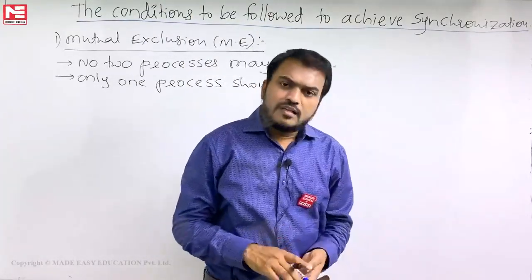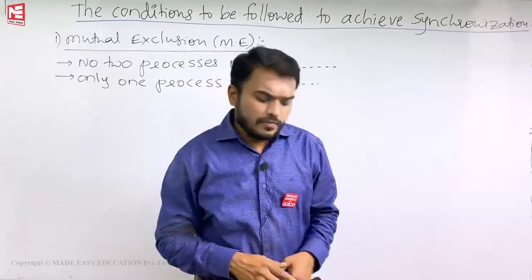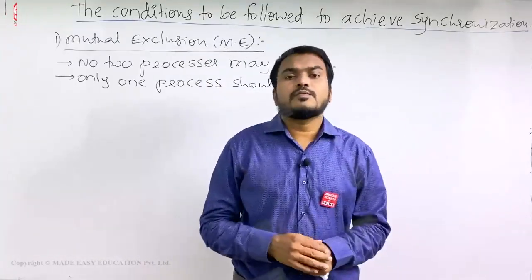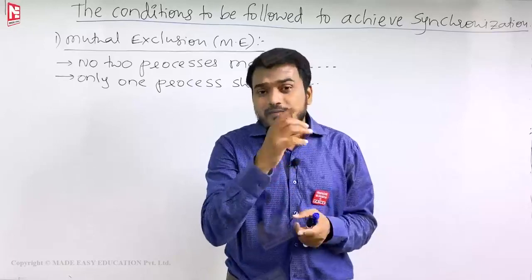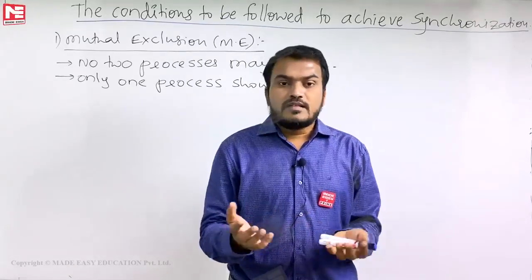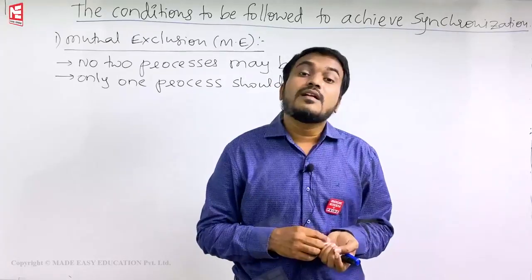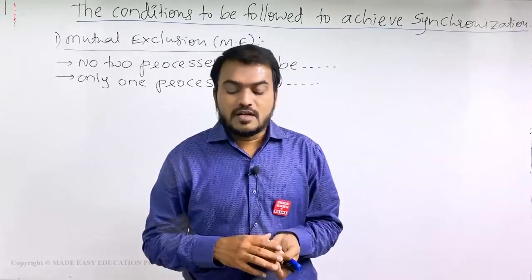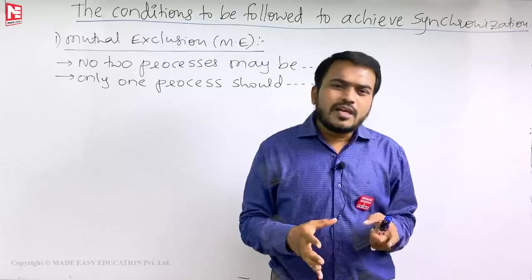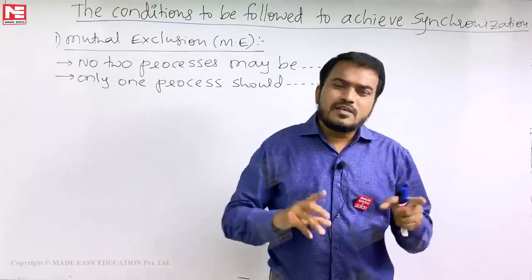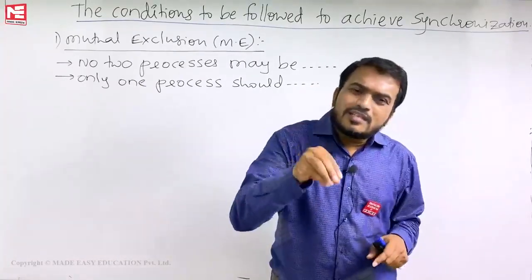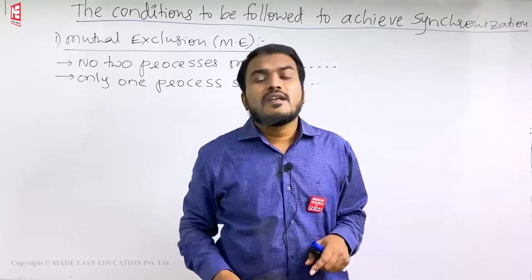Now, if you observe our producer-consumer problem, what was the problem we had? Inconsistency problem came. Very good. Try to understand logically why that inconsistency problem arose.